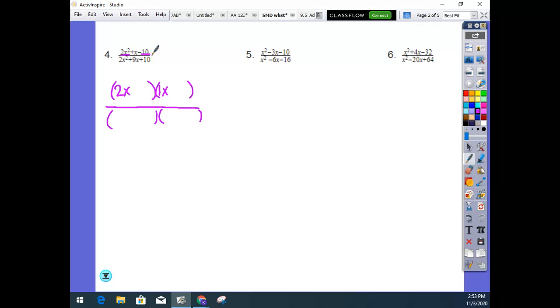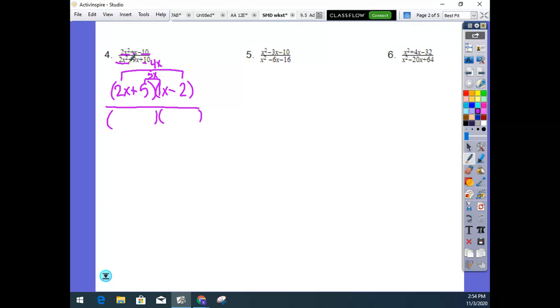What multiplies to make 10? 5 and 2. Now, this works because 2x times 2 is 4x, and 5 times 1x is 5x. To get a positive 1, I need a plus 5 minus 2, because 5 minus 4 is 1.